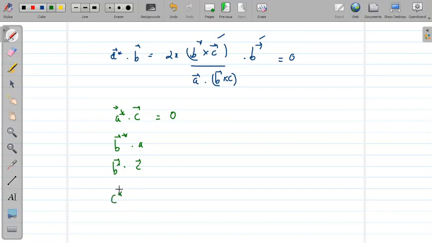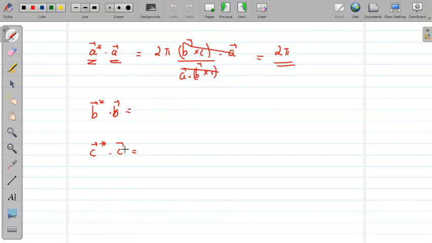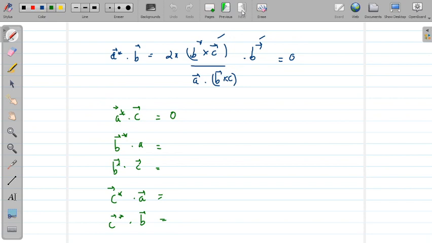Similarly, the relationship between C star and A bar, and C star and B bar can also be found out. So just try to find these relations. It's very simple. I leave it up to you to find the relationship between all these vectors. Here B star dot B bar and C star dot C bar, all these relationships can be easily found out.